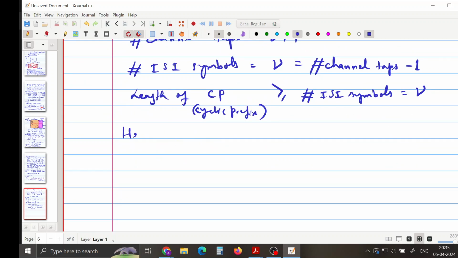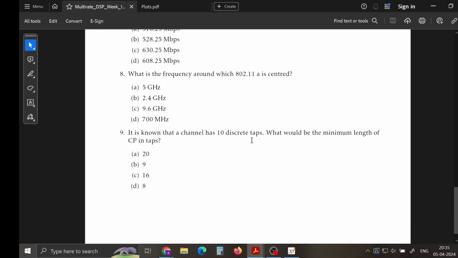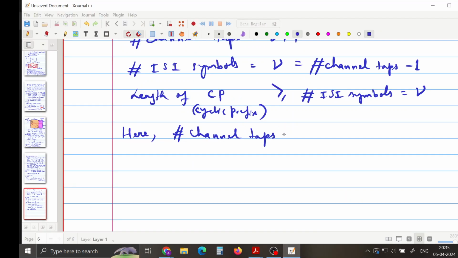So in our problem, the number of channel taps is how much? It is 10, right? Now we go to the question, what is given? 10 discrete channel taps. So mu plus 1 is given as 10.